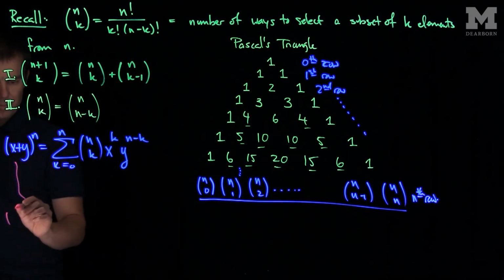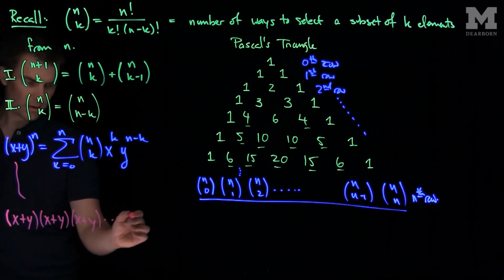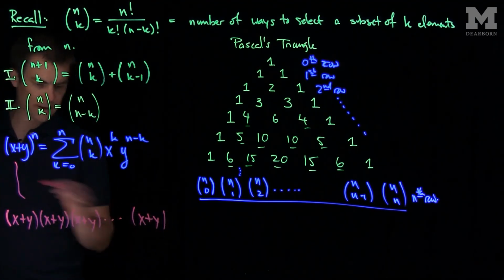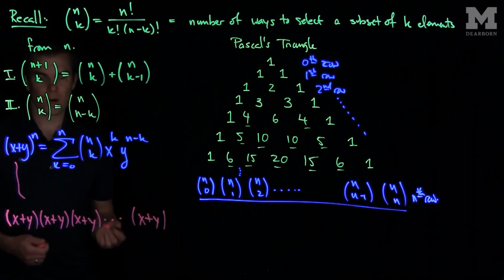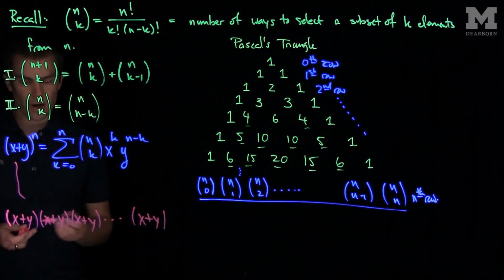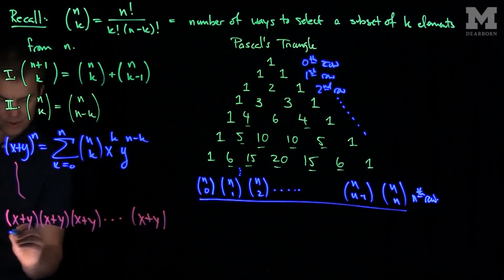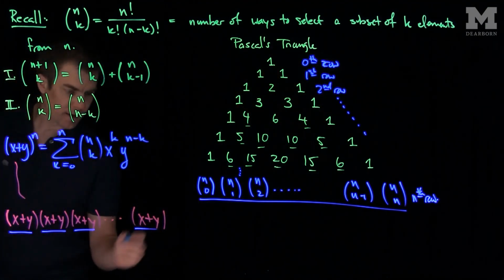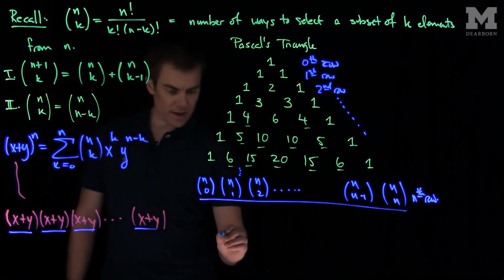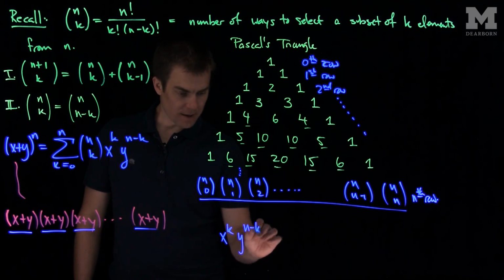So we write x plus y to the nth power as x plus y, x plus y, x plus y, x plus y, and there are n copies of this. So to figure this out, I have to do all these FOILings out. But from each one of these factors, I will select either an x or a y. And the question becomes, how do I get an x to the k and a y to the n minus k?